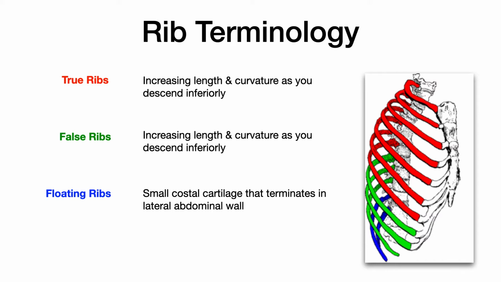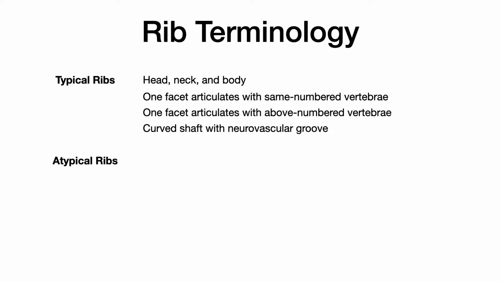Now, true, false, and floating ribs are not the only rib terminology that you need to know. You also should be comfortable with the distinction between typical ribs and atypical ribs. Typical ribs have a predictable head, neck, and body that's the same regardless of which rib number you're talking about.